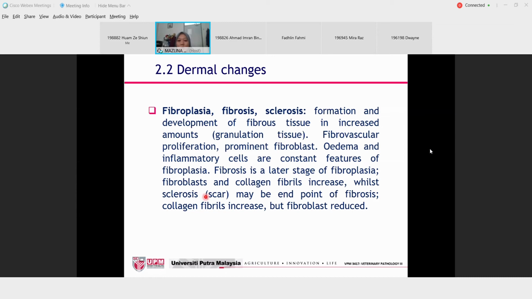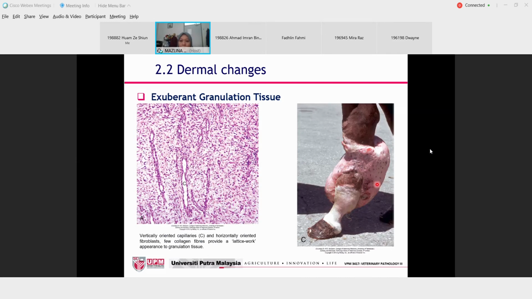This is the end point of fibrosis, whereby the most typical finding is that collagen fibres are increased and the number of fibroblasts is reduced, because you don't need more fibroblasts there since healing is already completed. As I mentioned, this is a common condition that you might see especially in horses. This is called proud flesh, or exuberant granulation tissue.